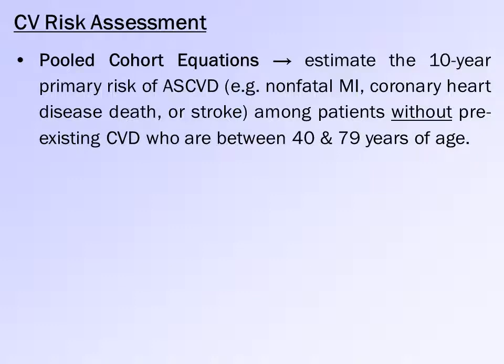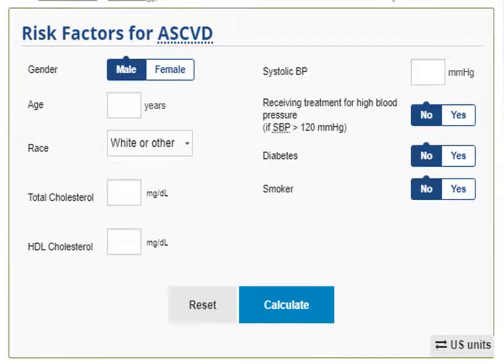This estimates the 10-year primary risk of atherosclerotic cardiovascular disease, for example non-fatal MI, coronary heart disease death, or stroke, among patients without pre-existing cardiovascular disease who are between the ages of 40 and 79 years. And this is a picture of the pooled cohort equation tool.